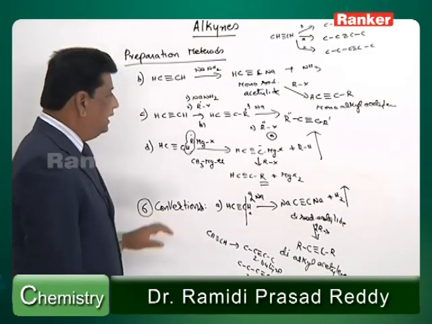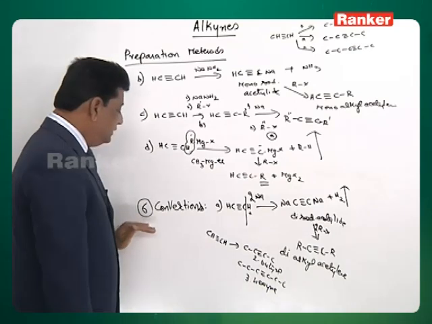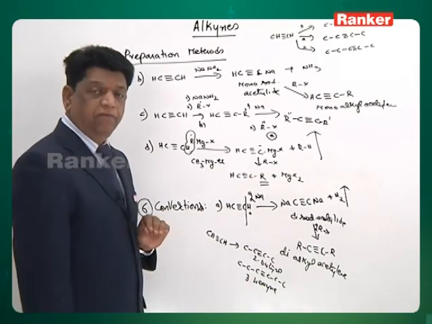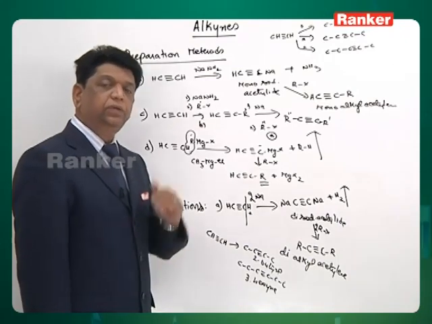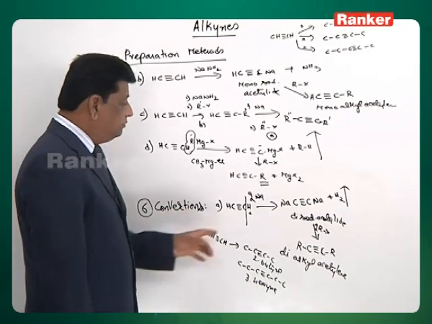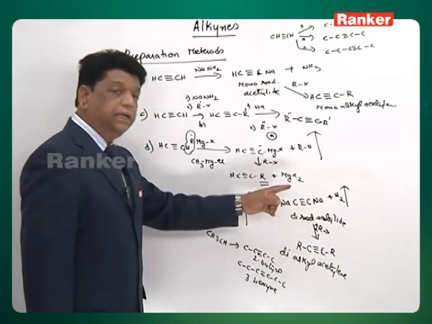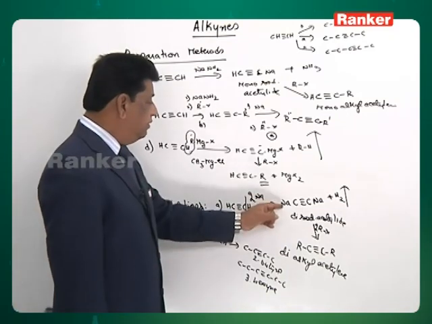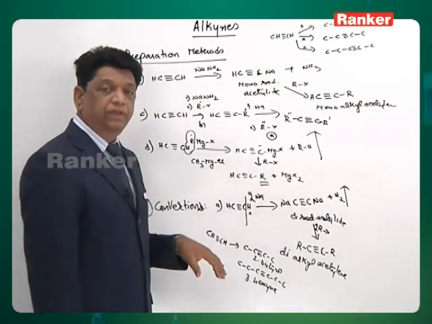Such type of ascending the series can be done by this method. It is not actually preparation of a triple bond. We are converting the alkynes into other alkynes, isn't it? These conversions are applications of this metal containing acetylene. They are called metal derivatives of alkynes. In the metal derivatives of alkynes, this is one of the applications.